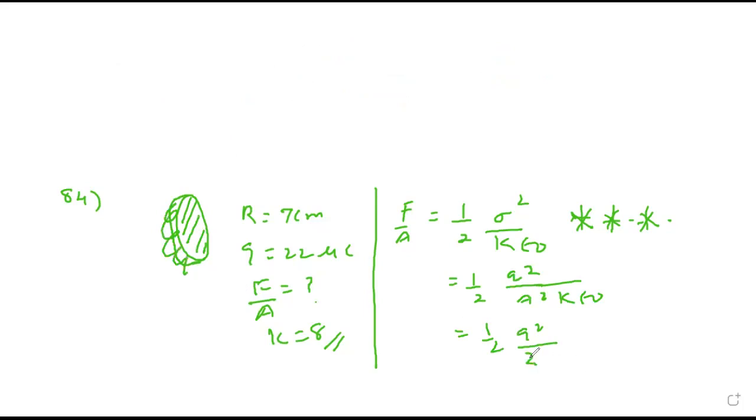So it is 2 pi r square, 2 times. So it becomes half Q square upon 2 square, 4 pi square r raised to 4, K epsilon naught. Please copy till this.